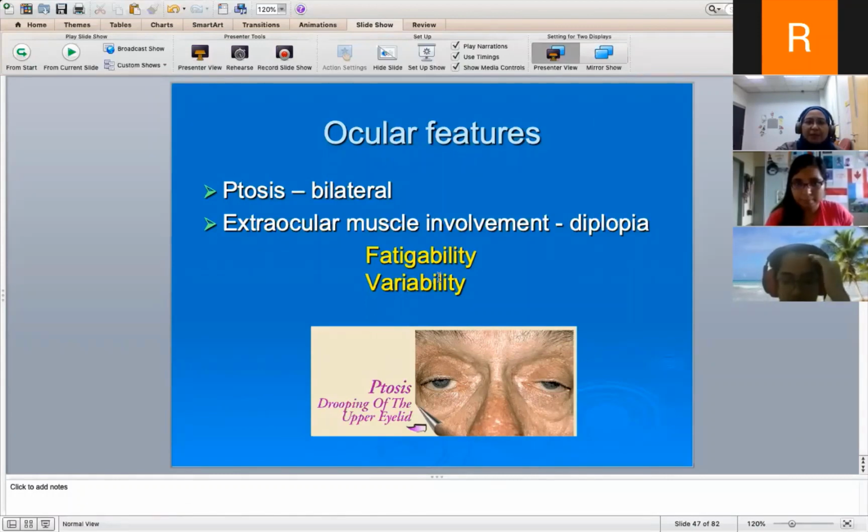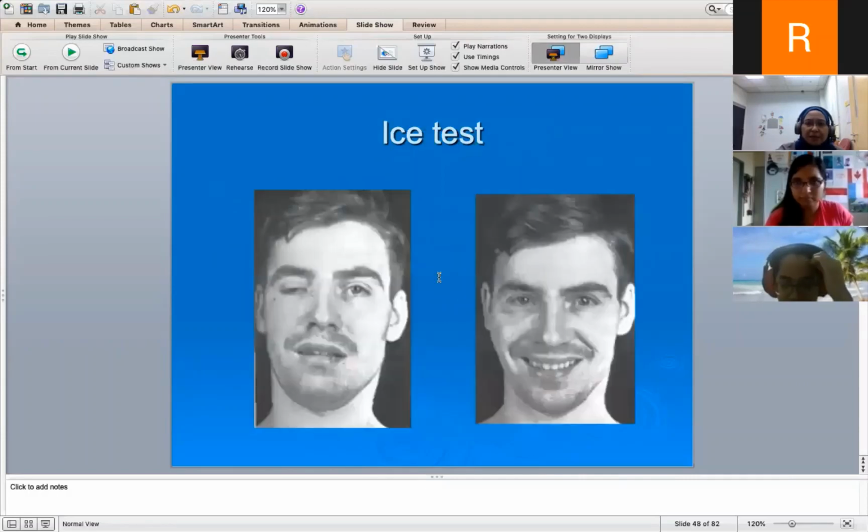So when you start to have that kind of symptoms in a patient, you suspect the patient has myasthenia gravis. What easy test can you do for the patient? If you get a patient with ptosis and suspected myasthenia gravis, you put an ice pack for 2 minutes. After 2 minutes, the patient is able to open the eye. So most likely the patient has myasthenia gravis. This is not pathognomonic, but it's just a bedside test that you can do.